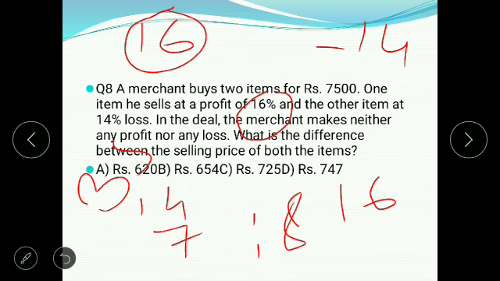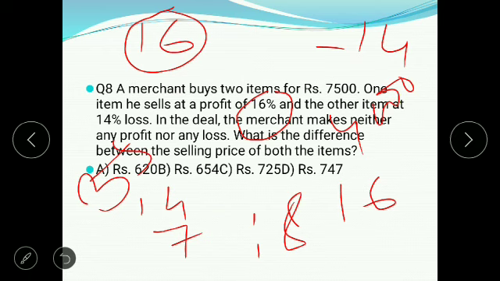Now you can do a simple calculation: 3500 into 1.16 minus 4000 into 0.84, because there is a 14% loss. Taking the difference of these two, you can obtain the answer. If you do the calculation, the answer will come as 620. I recommend you do the calculation on your own.